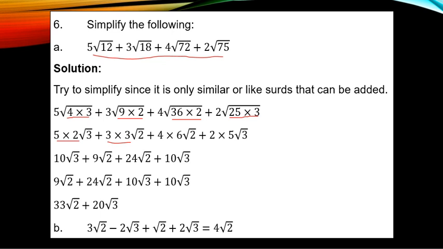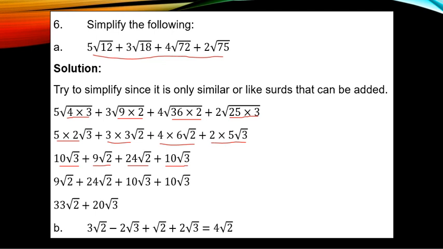For 36, you have 6, that is 4 times 6, root 2. For 25, you have 5, that is 2 times 5, root 3. When you multiply the coefficients, you have 10 root 3, 9 root 2, 24 root 2, 10 root 3. Now we have similar surds, although not all.